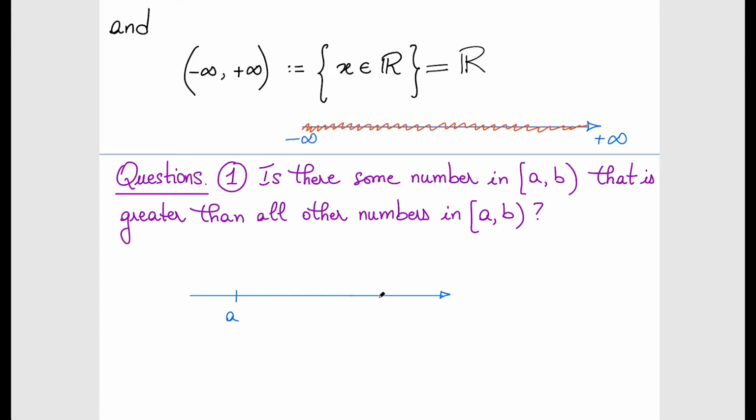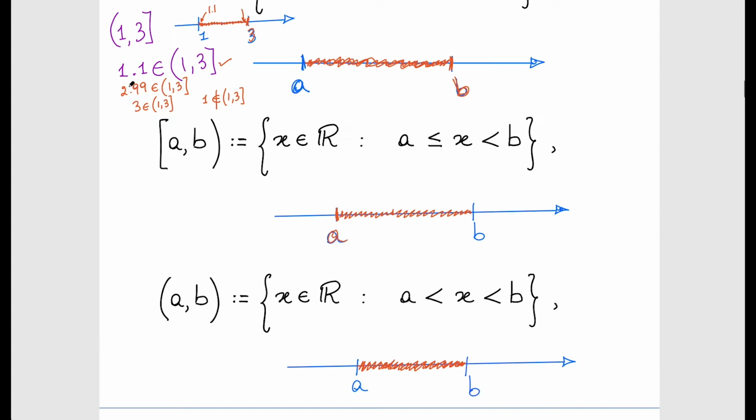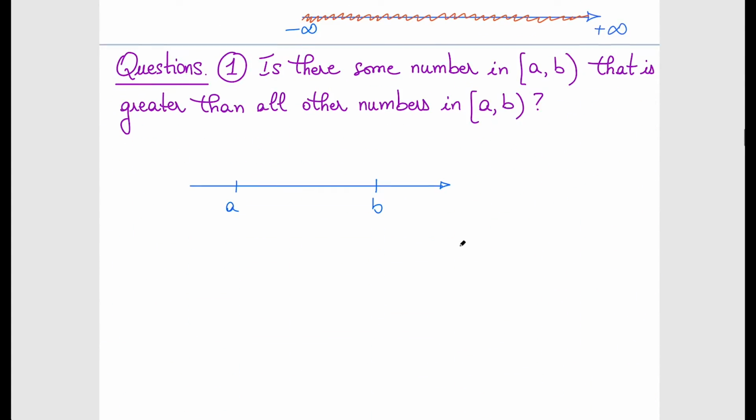And we know, according to our earlier discussion, that A is part of the set and B is not. So A is an orange element and B is not. B is still blue. And anything in between is part of the set.